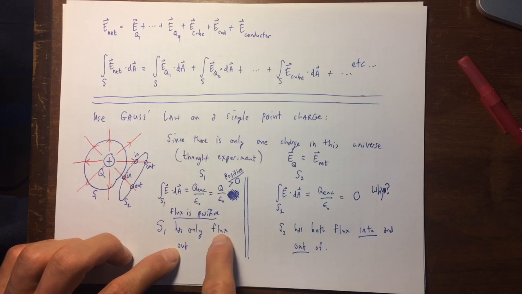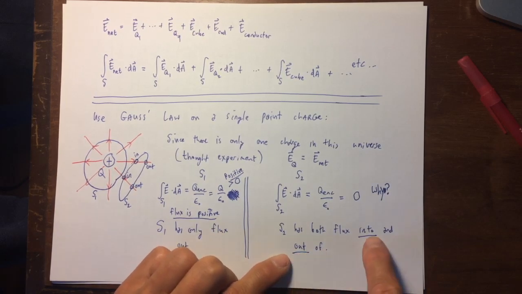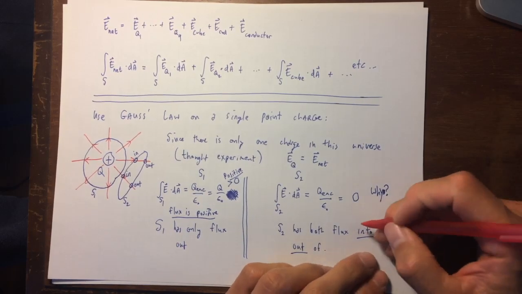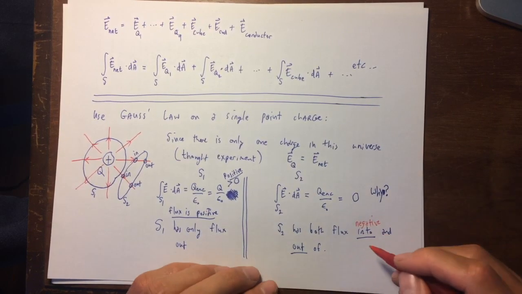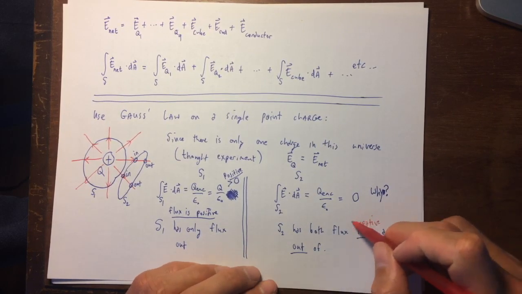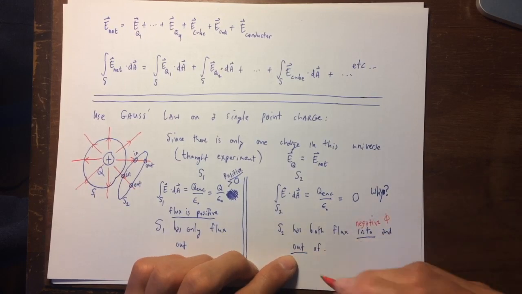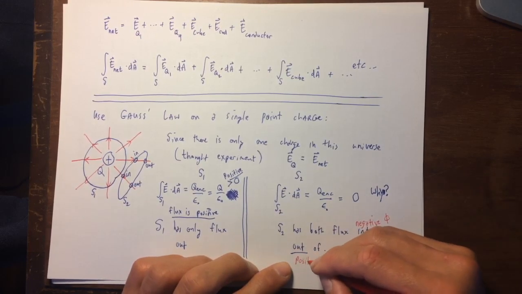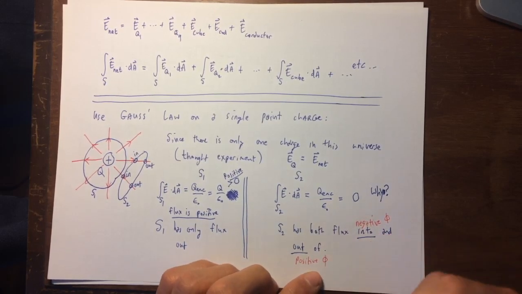Here we have flux leaving the surface. Here we have flux leaving the surface, but we also have flux going into the surface. So the question is, does this mean that if you have flux into the surface, you have negative flux, and if you have flux out of the surface, this is considered positive flux? And the answer is yeah, that's exactly right.